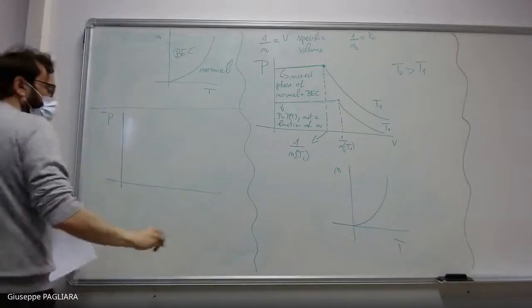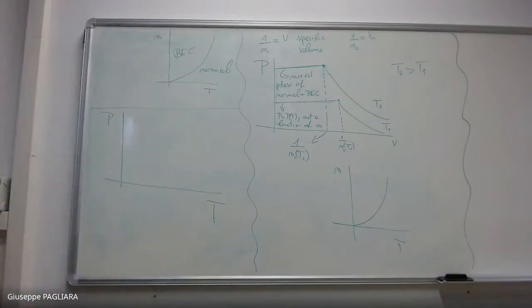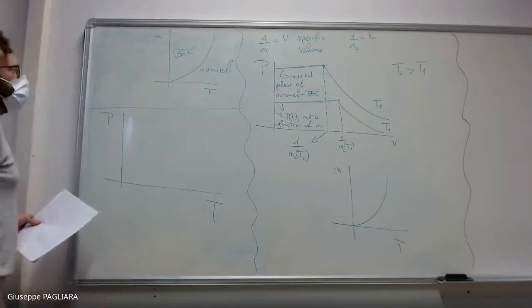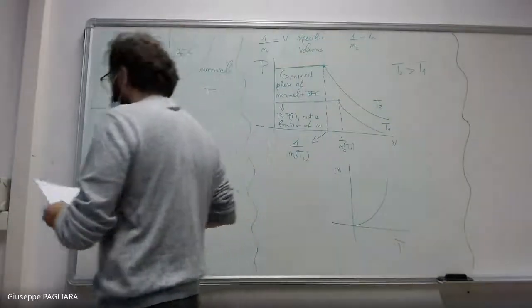P versus temperature, which is the standard plot that we use, for instance, when plotting the phase diagram of water. We usually have a PT plot, and in this case, this PT plot is a little bit tricky for the following reason.